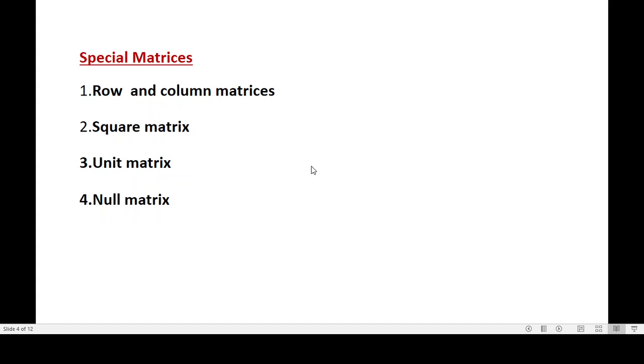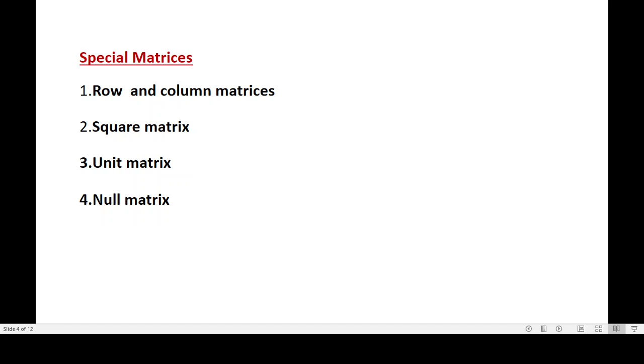Now let us understand special matrices, different types of matrices. What is a row matrix and a column matrix? A matrix having a single row is called a row matrix, whereas a matrix having a single column is known as a column matrix.